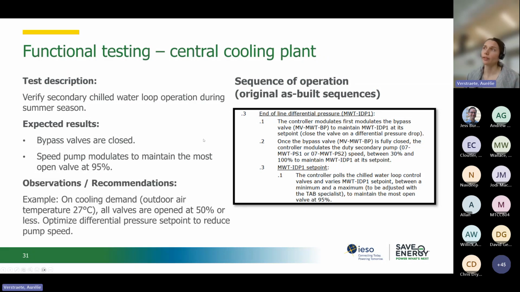What could be observed on site, for example, on cooling demand with a very hot outdoor air, is all valves are open at 50% or less. So this will lead to a high, unnecessarily high pump speed. Your recommendation here could be to optimize differential pressure and review minimum and maximum pressure set points to reduce that pump speed.